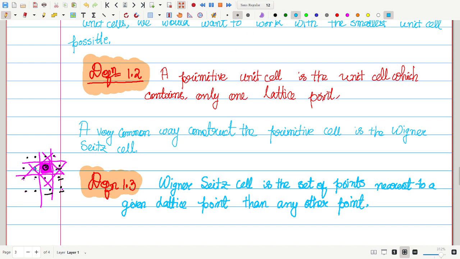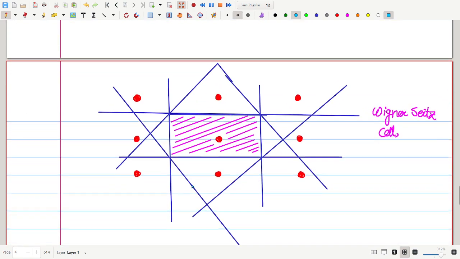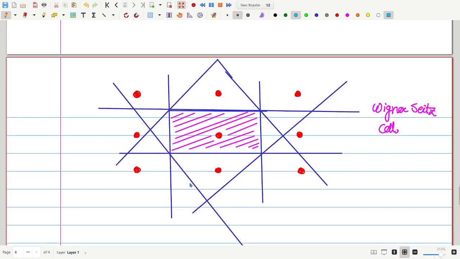For this point also we can make a Wigner-Seitz cell like this. There will be rectangular Wigner-Seitz cells here, here, everywhere. So this will tile to make up the whole space. This is an example of a Wigner-Seitz cell.